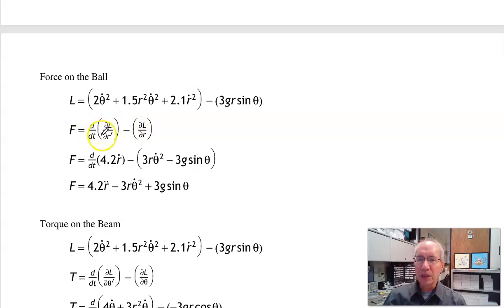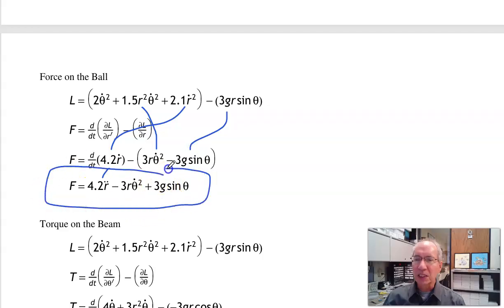The force on the ball is the full derivative of the partial derivative of L with respect to r dot minus the partial of L with respect to r. So here is partial with respect to r dot, full derivative with respect to time, partial with respect to r. Here's an r, there's an r. So there's one set of dynamics.